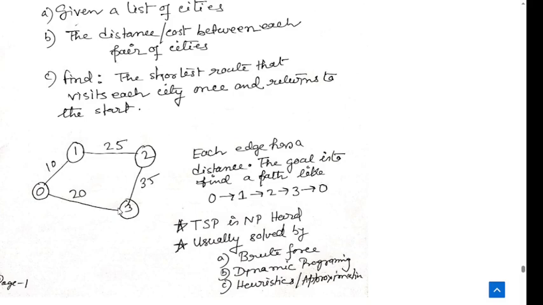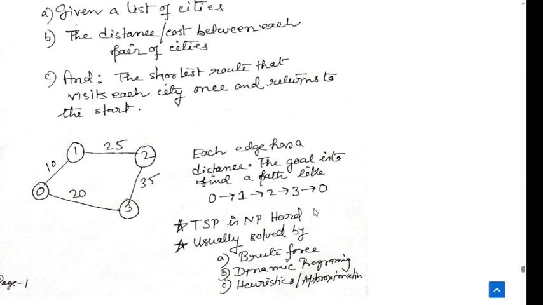So these are the distances you can imagine. The goal is to find the path like 0 to 1, 1 to 2, 2 to 3, and 3 to 0. The salesperson has to come back to the starting city, which is 0, and by this process the total traveling distance should be minimum.